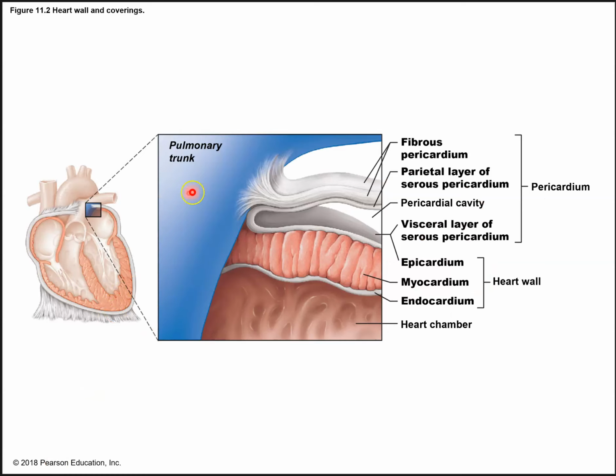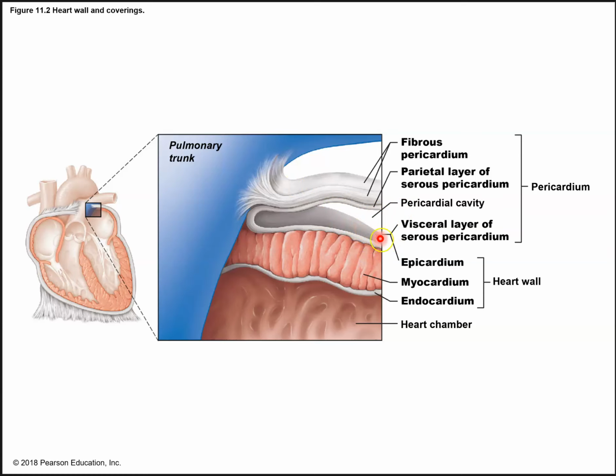So this picture over here shows the layers of the heart, and the membrane that surrounds the heart is called the pericardial cavity. So right over here, it's a fluid-filled structure, and the parietal pericardium is the layer between this fibrous pericardium and in between the visceral pericardium.